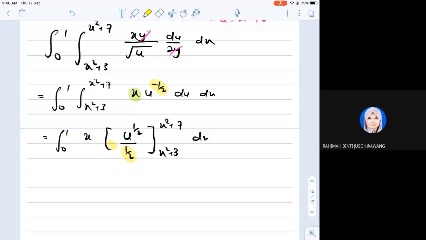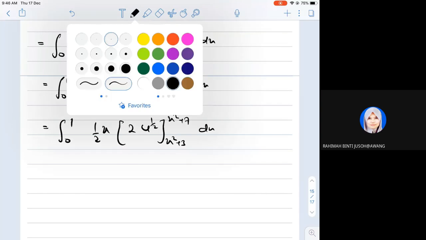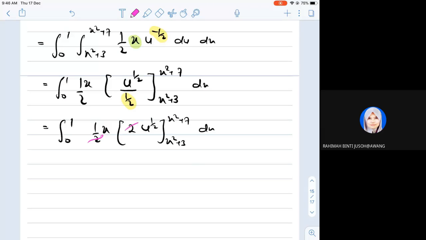Isn't it? It becomes 2. Okay, I left out the 1 over 2 just now. 1 over 2, so 1 over 2, like that. So it will become 0, 1, 1 over 2x and then multiply by 2, u to the power of half, substitute x squared plus 3, x squared plus 7 dx. Okay, so these 2 and 2 can be cancelled.